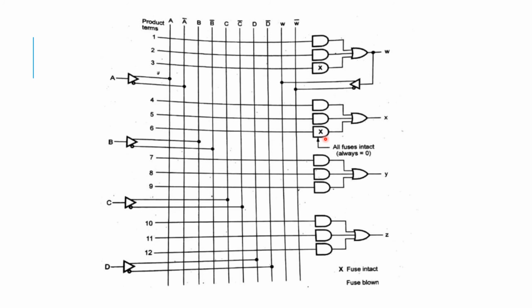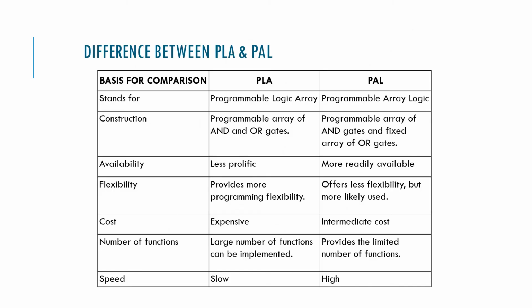The number of product terms in each section is fixed, and if the number of terms in the function is too large, it may be necessary to use 2 sections to implement one Boolean function. What is this cross mark? This cross mark indicates that those fuses are intact. This is the explanation of the PAL block diagram.